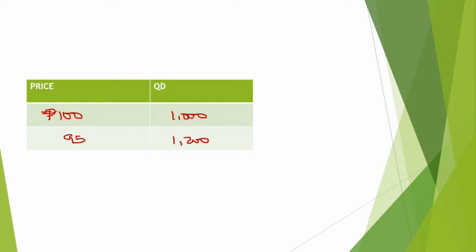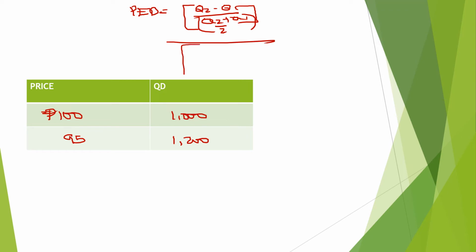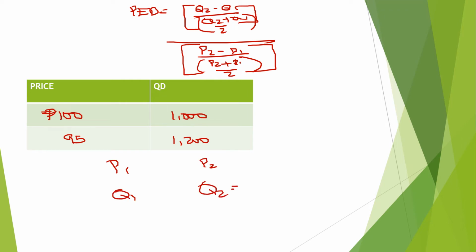The formula for the PED is Q2 minus Q1 over Q2 plus Q1 divided by 2, all over P2 minus P1 over P2 plus P1 divided by 2. So we have four variables: P1, Q1, P2, Q2.